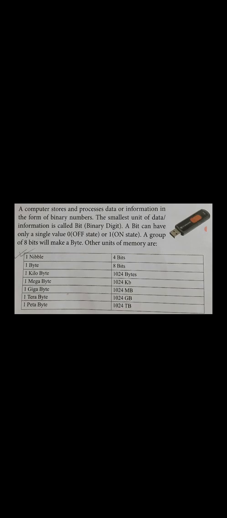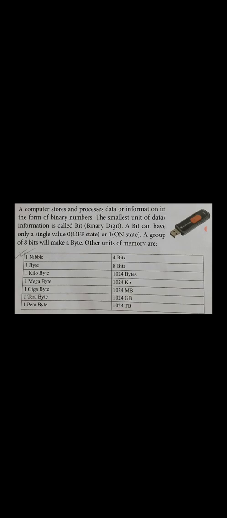A group of 8 bits will make a byte. Other units of memory include the nibble, that means 4 bits. If we have 4 bits of data, we can say that we have 1 nibble of data.